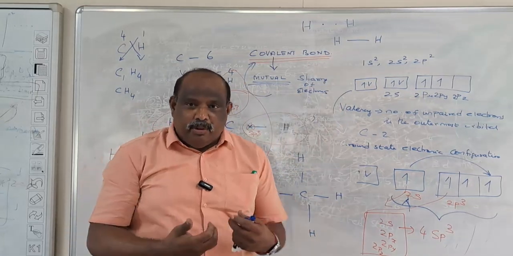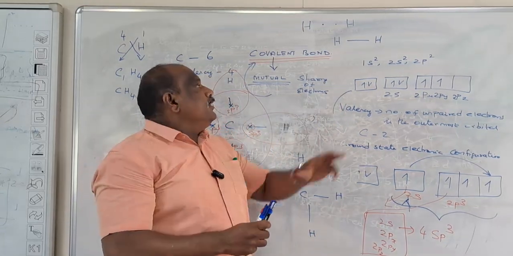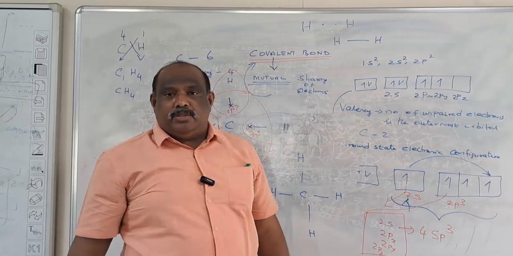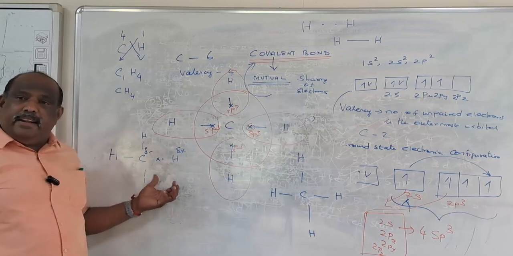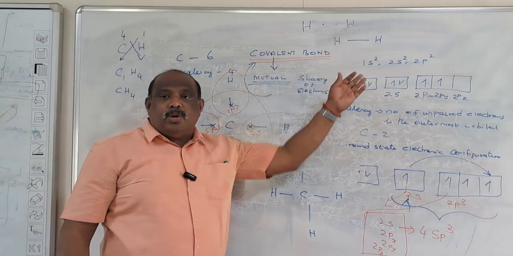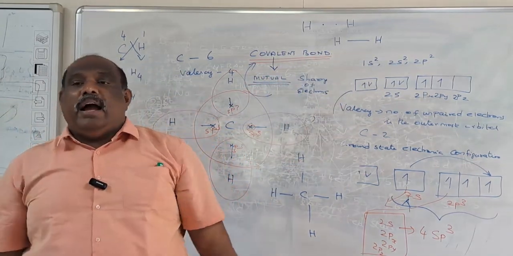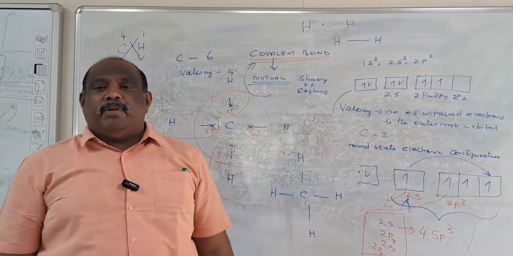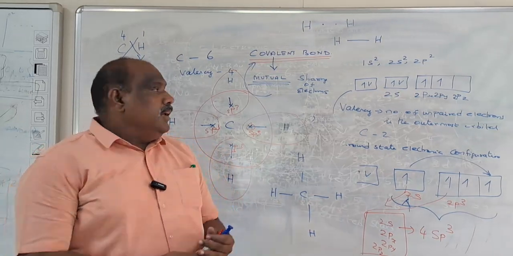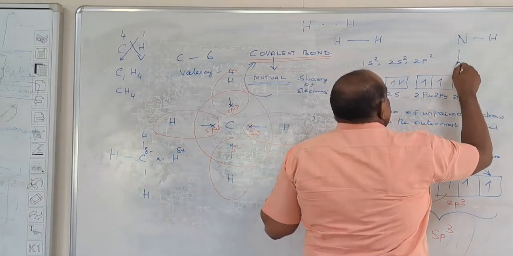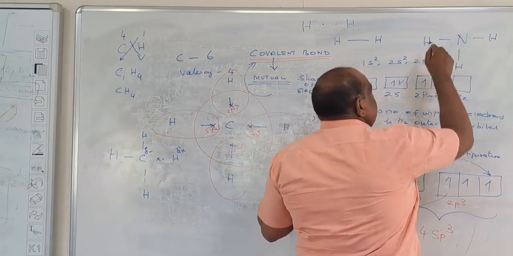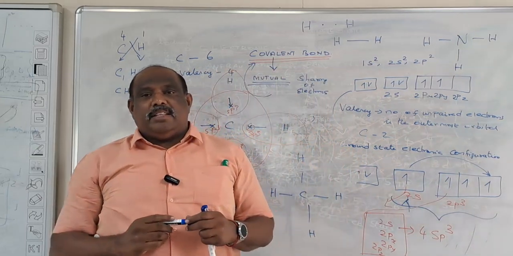No, because both have equal power. So here there is no ionic character in the covalent bond, whereas in carbon-hydrogen there is ionic character in the covalent bond. So a covalent bond need not always have ionic character. It depends upon the type of molecule. In ammonia, the ionic character will be there because the atoms are not the same.